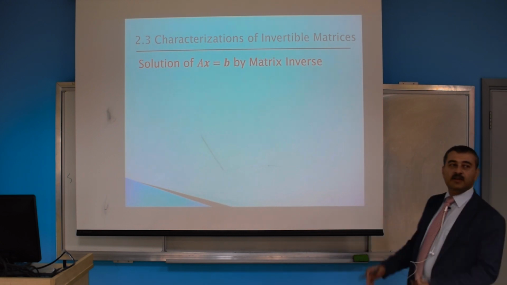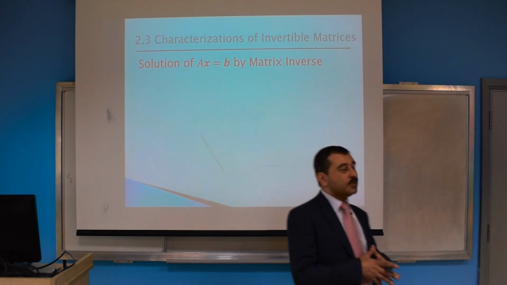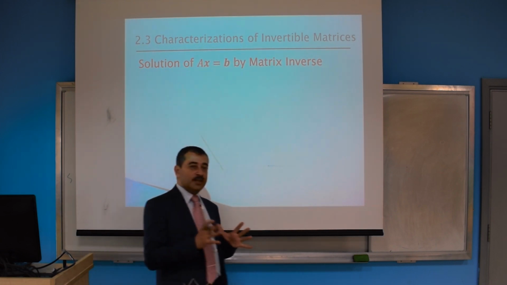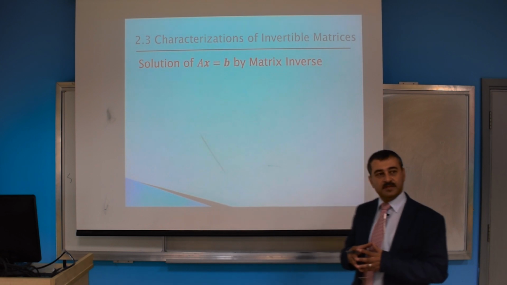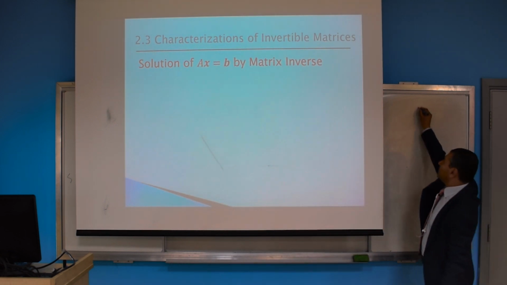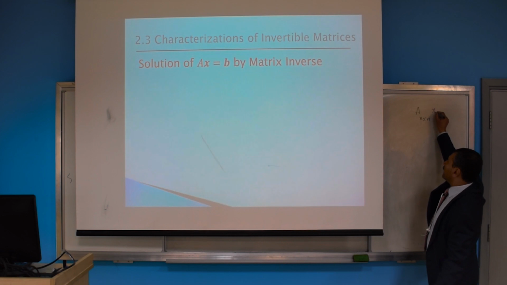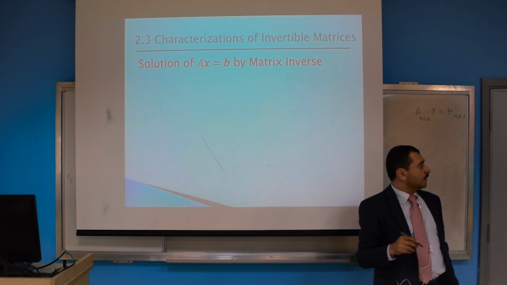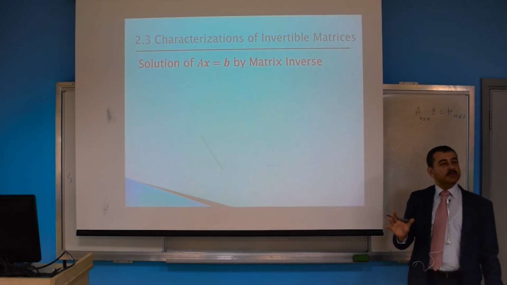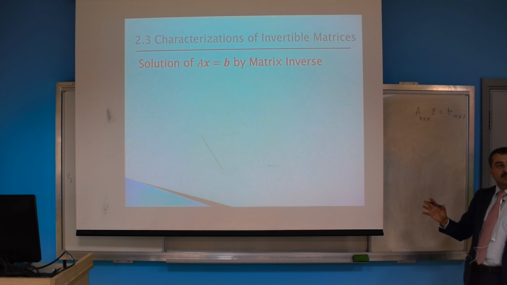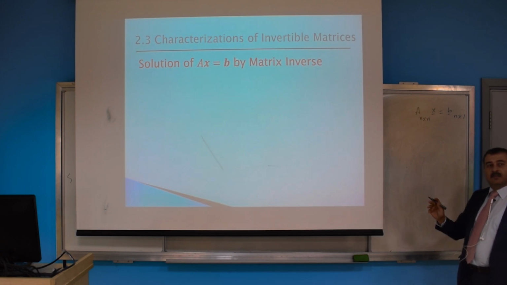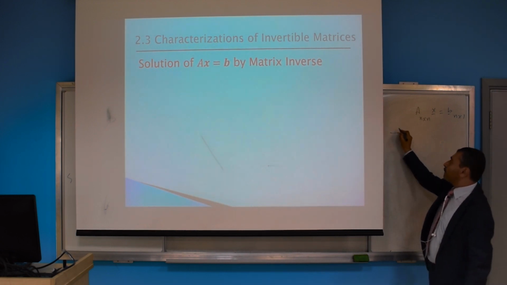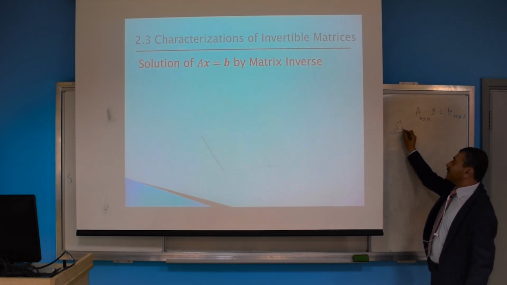Assume that we have a system AX equal B and you know that the matrix A is invertible. Can we get the solution directly of this system using the matrix inverse? If you have A n by n, AX equal B, and you know that A is invertible, so can we get X? Left multiply by inverse of A, right?